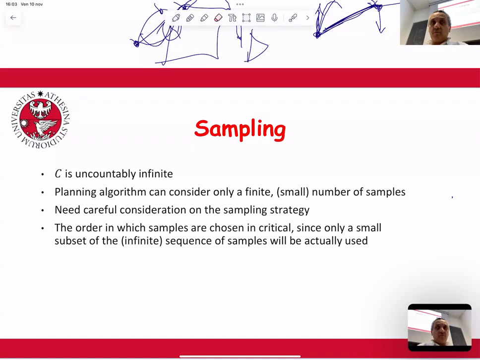Because if I make a sampling strategy, only a subset of this infinite set of samples will actually be used, because many of the points that I will sample will be useless. So I need a sampling strategy that combines two effects. On the one hand, it covers as much as possible of the environment.